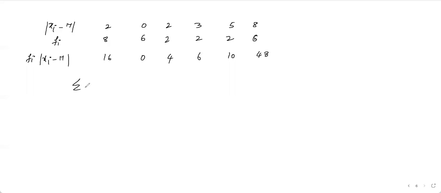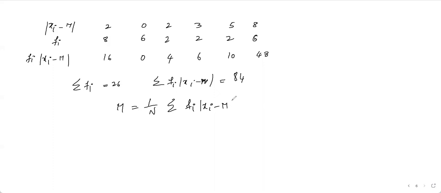The summation of fi is 26, and the summation of fi mod xi minus M is 84. So the mean deviation is 1 by n times the summation of fi mod xi minus M, which is 1 by 26 into 84, giving 3.23. That is the required solution.